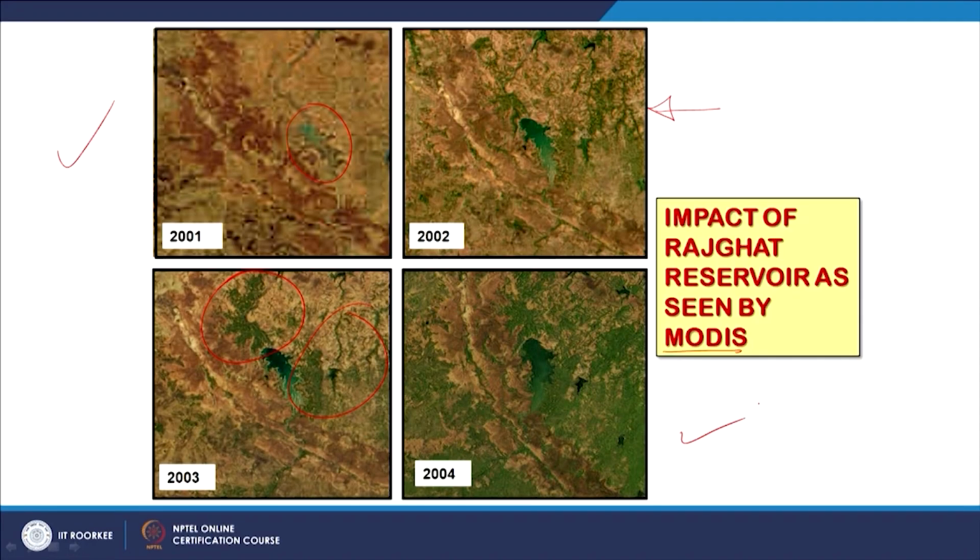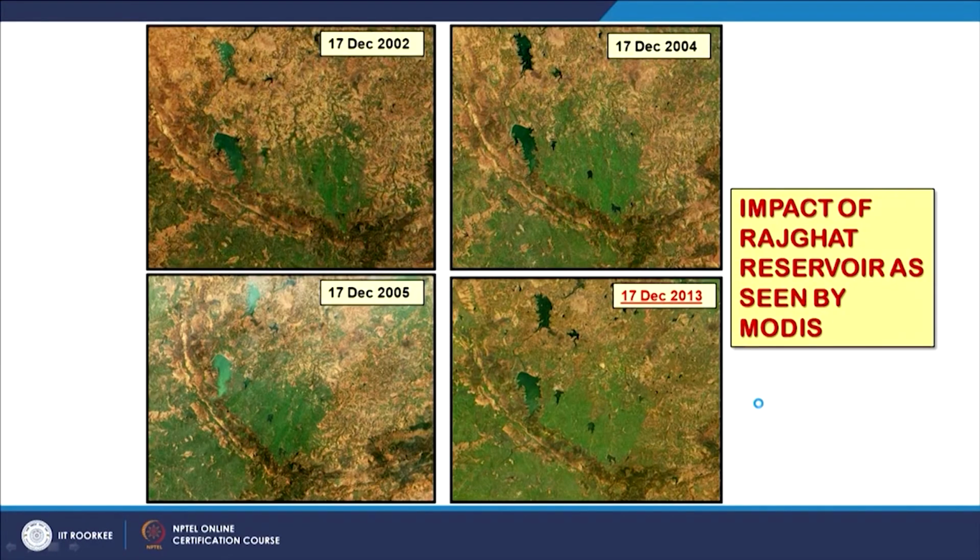I said, don't worry, as I have said, satellite images record unbiasedly. These are all 17 Decembers of different years, and as you can see, this was just 1 year after the reservoir filling. You see the greenery here and in this part also, and slowly, in 2013, this area has become green.